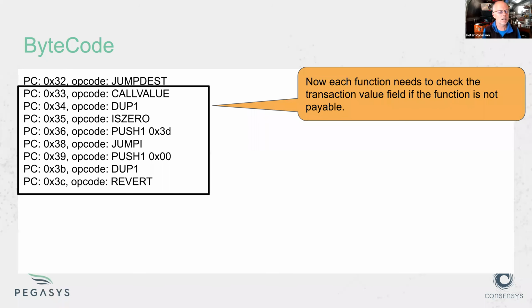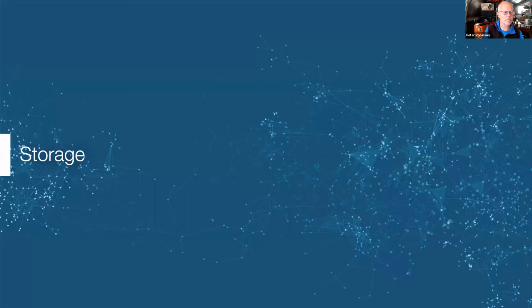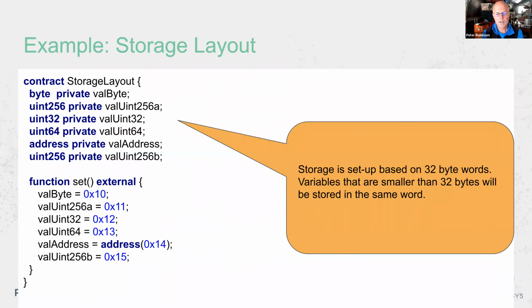Okay. So the next area of the talk is about storage. Storage is set up as 32-byte words, and variables that are smaller than 32 bytes will be stored in the same word.